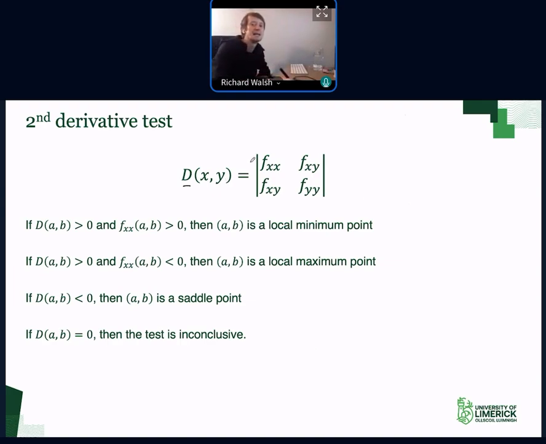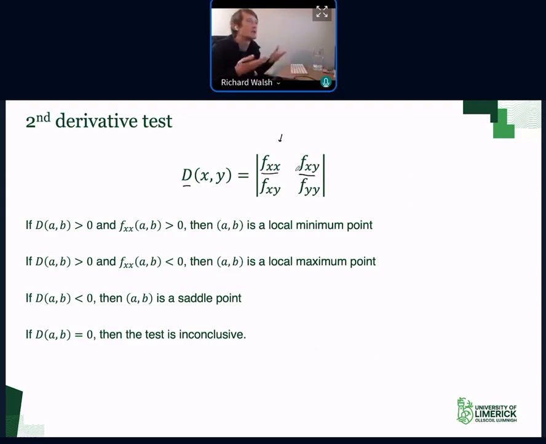So we're going to need to calculate the determinant of the 2x2 matrix, which is made up of the second partial derivative of the function with respect to x. So we will need to take the first partial derivative with respect to x and differentiate that with respect to x again. We've the mixed second partial derivative.